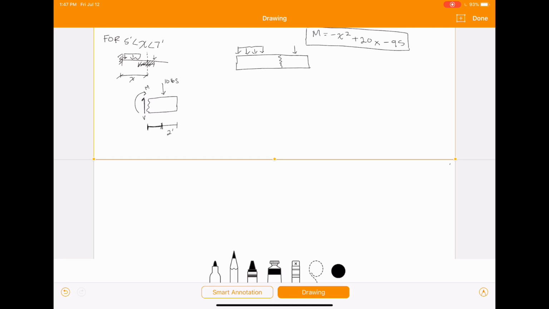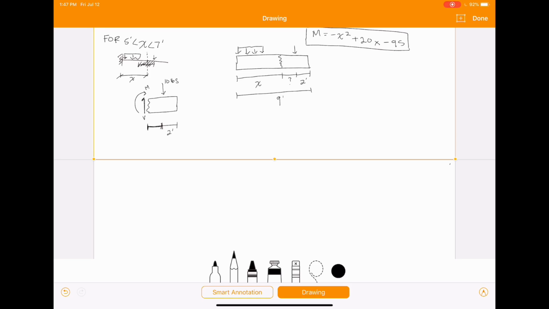So remember, we're cutting the beam at this distance x here. We know this dimension here is 2 feet, and we're trying to find that dimension there. But we also know that the full length of the beam is 9 feet.